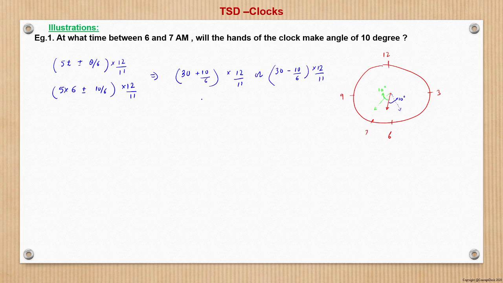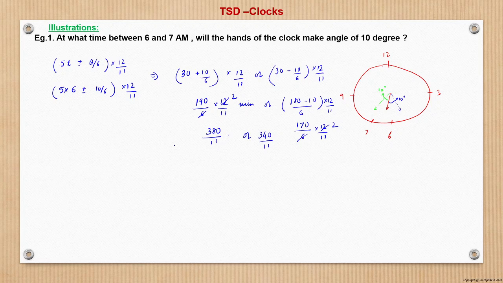This we can write as 190 upon 6 into 12 by 11 minutes, or 180 minus 10 upon 6 into 12 by 11, which is 170 by 6 into 12 by 11. This further cancels out, and 6 goes 2 times. So this is 380 upon 11, or this will be 340 upon 11.